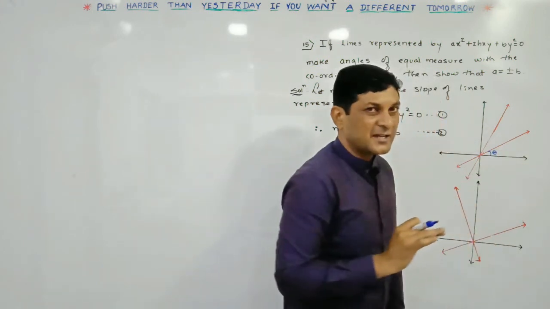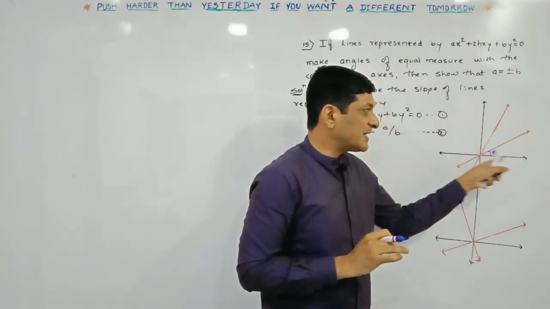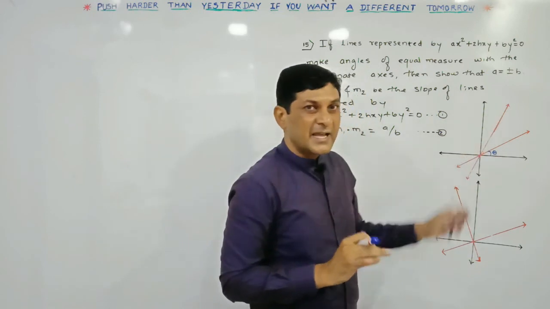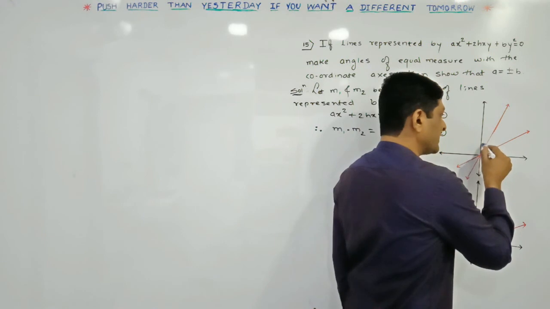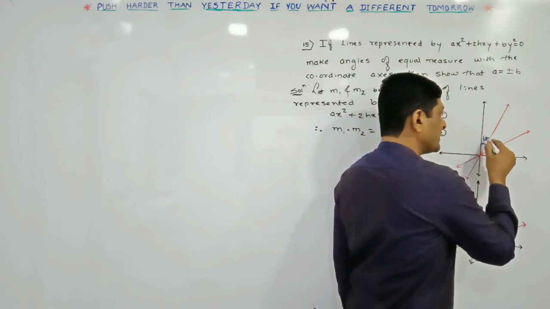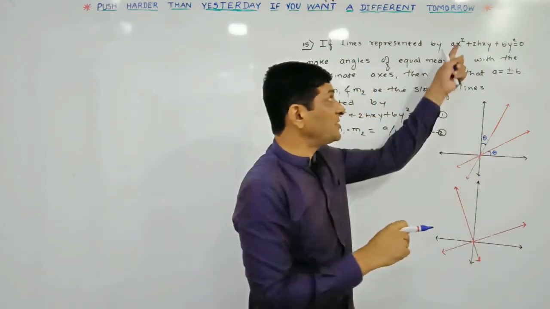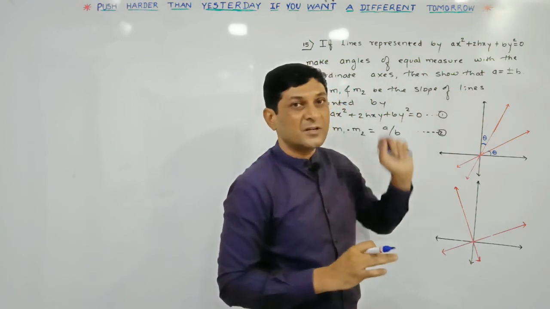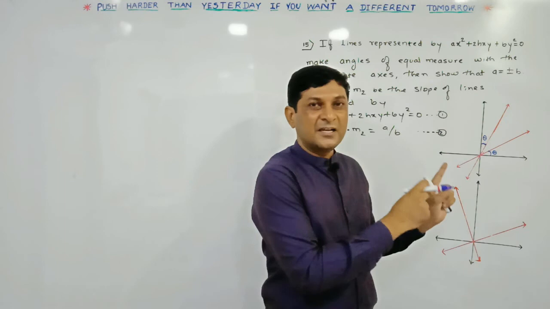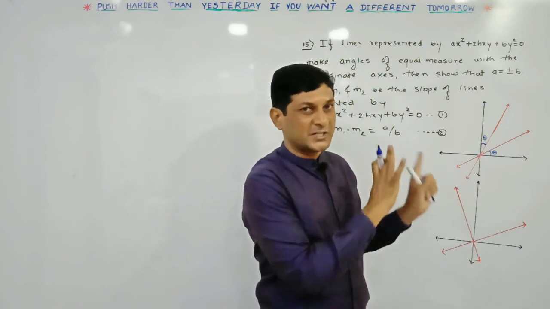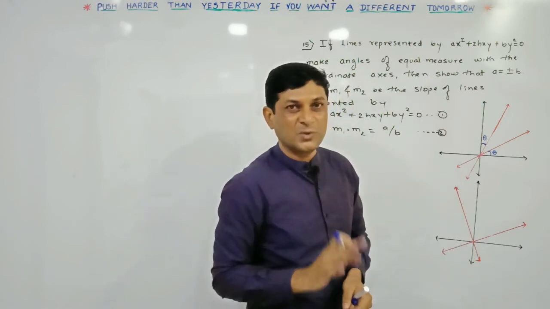If theta is the angle made by the first line with the x-axis, then the second line makes angle theta with the y-axis, according to our given condition. What is our given condition? The lines represented by this equation make equal measure with the coordinate axes. So if the angle made with the x-axis is theta, the angle made with the y-axis is also theta. Already these things we have shown in the figure.